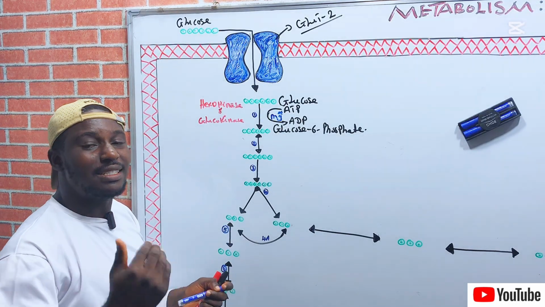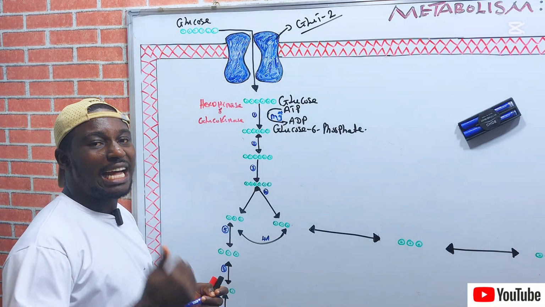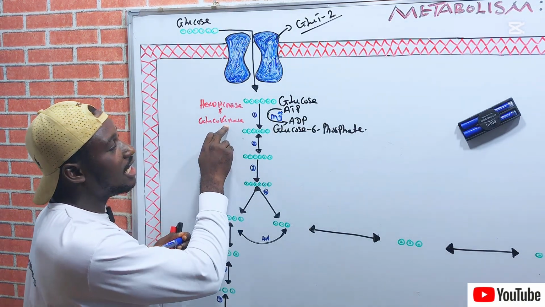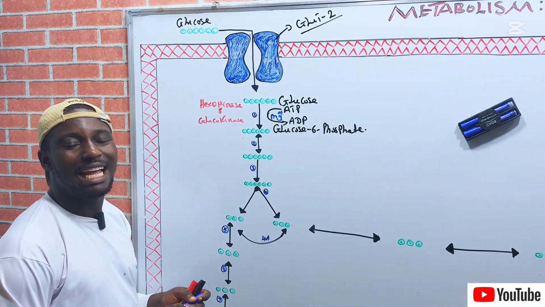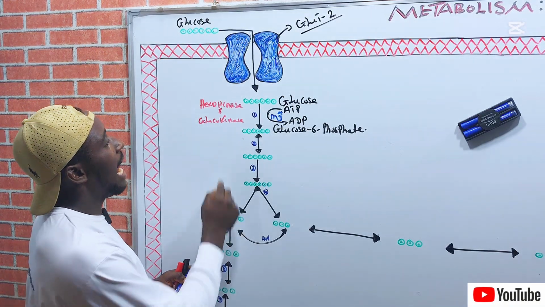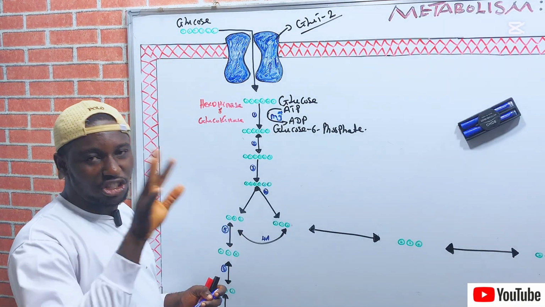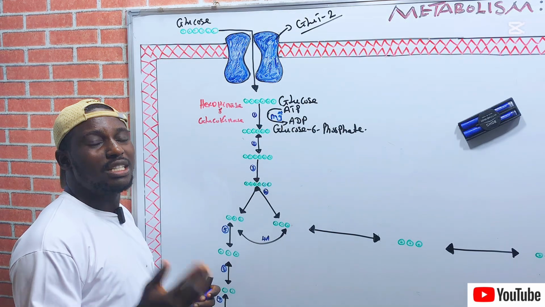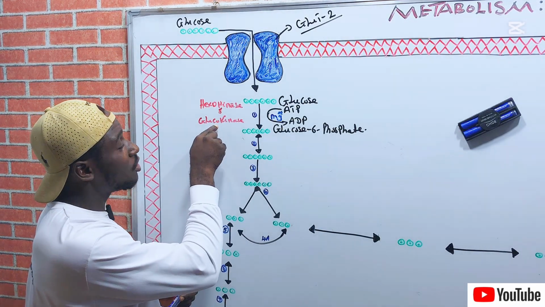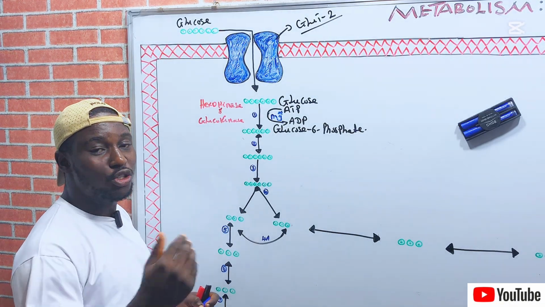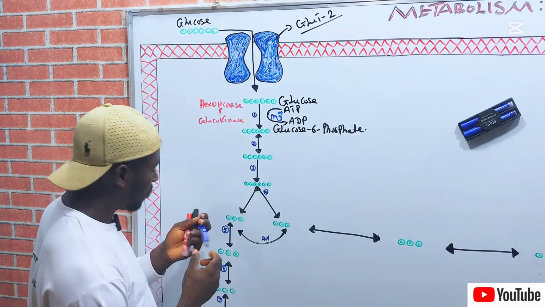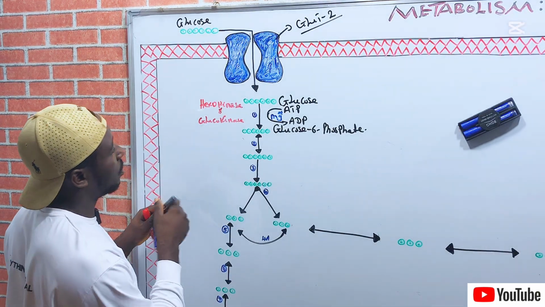Now, they have their distinguishing features, the distinguishing features of hexokinase and glucokinase. Glucokinase is found in the liver only. That is why we call it hepatic glucokinase, right? While hexokinase is found in every tissue in the body, so it is found in lesser quantity in the liver, whereas glucokinase is found mainly in the liver.